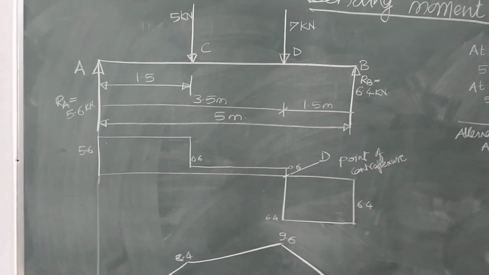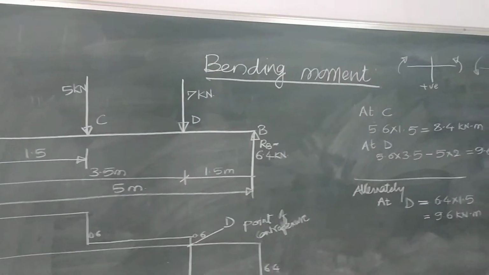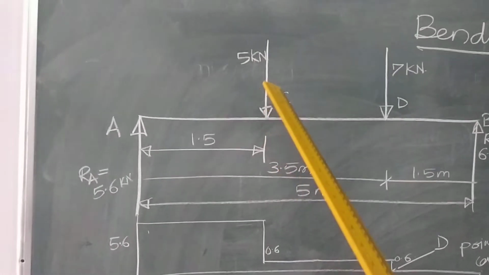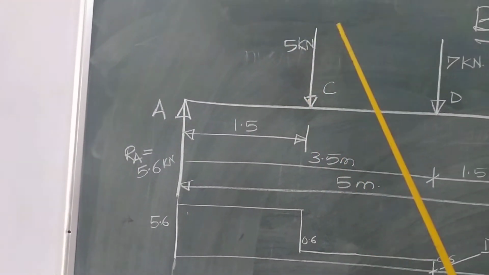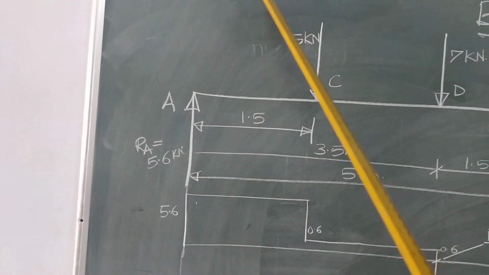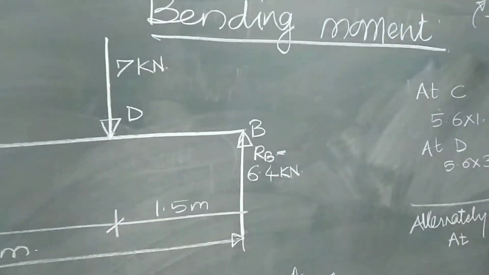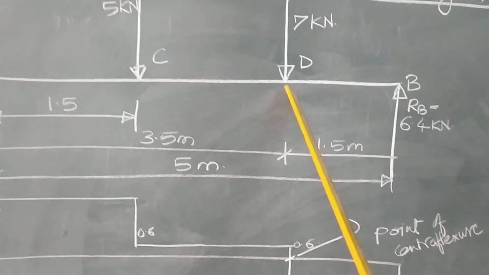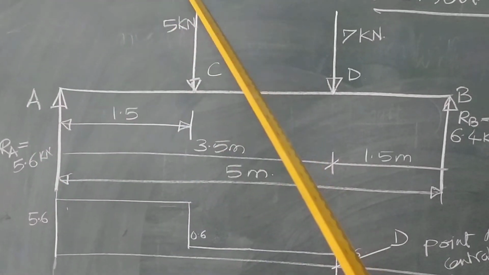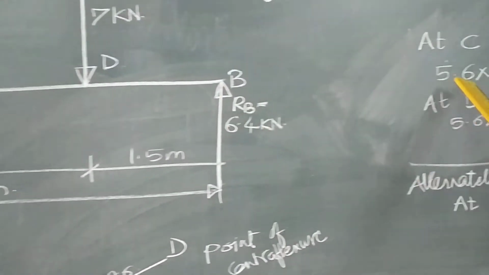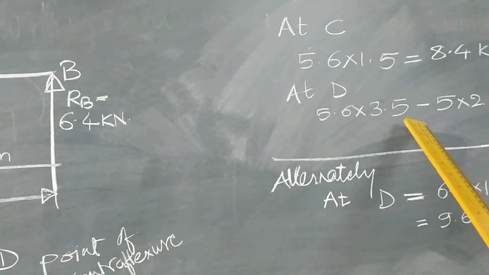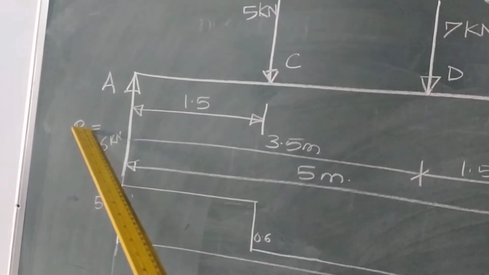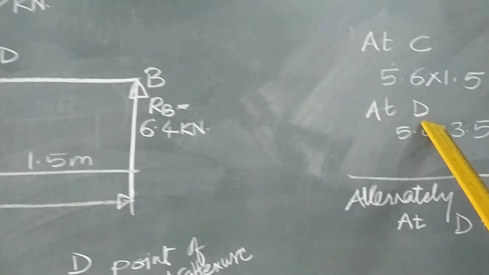So, this is all we have drawn, bending moment for simply supported beam having only point loads. Once again, you have to study this sign convention. I will explain it once again. This is the point load and towards left there is a positive bending moment. Take this force, one is clockwise, another is anti-clockwise. So, 5.6 into 3.5 is the moment of this one, and another is 5 into 2.